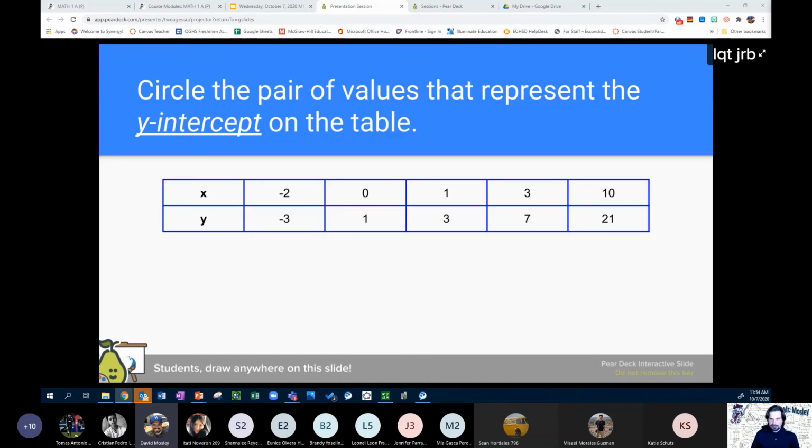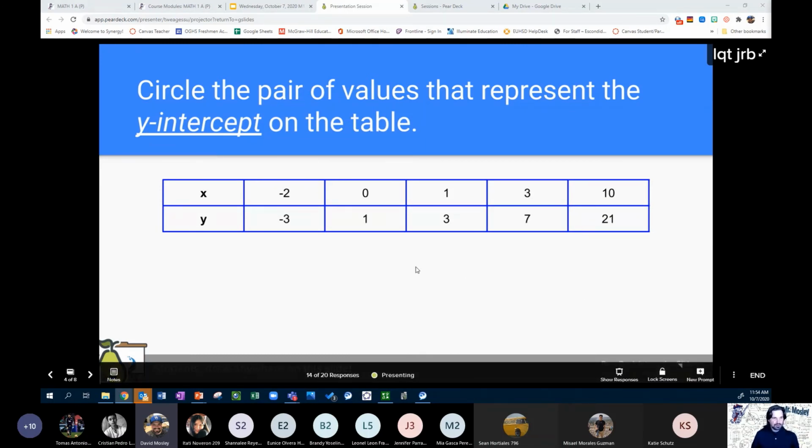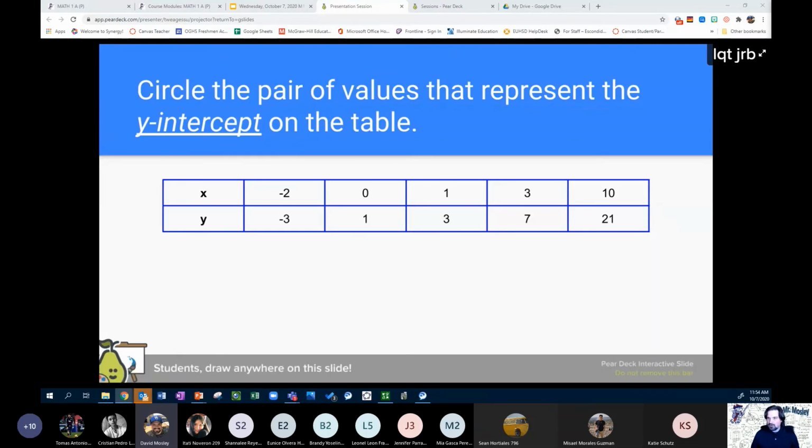For this one, you should have circled 0 and 1. 0 in X, 1 in Y. Okay, for this one, it should be (0, 1).